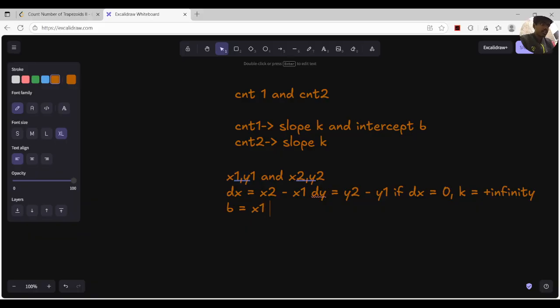Otherwise the slope k is equal to dy divided by dx, and the intercept b is equal to (y1 * dx - x1 * dy) divided by dx.